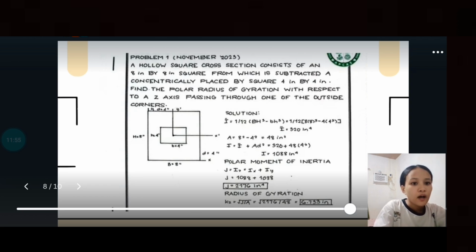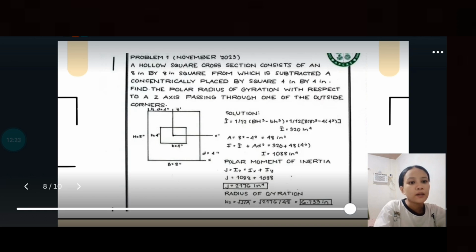Remember that I is equal to I plus Ad squared is our formula to get the other I. So substitute the given: 320 plus 48 times 4 squared. So our I is 1088 inches raised to 4.